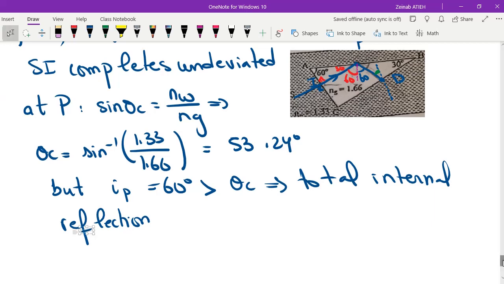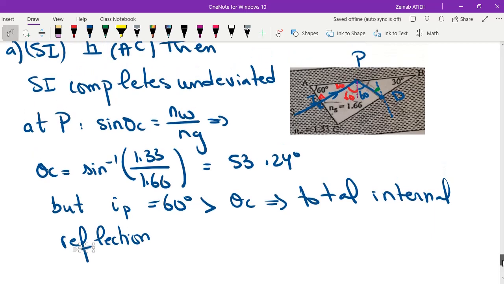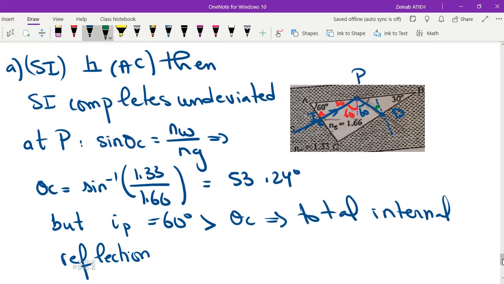I will take the triangle PDB. In this triangle, angle PBD is 30. BPD is the angle here. Let me mark it with pink.